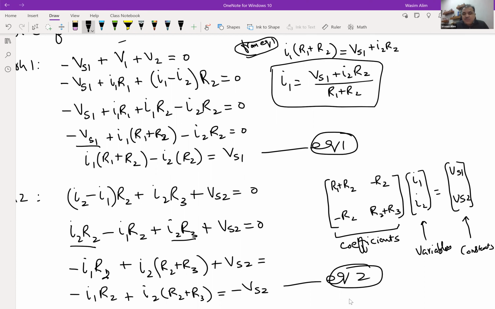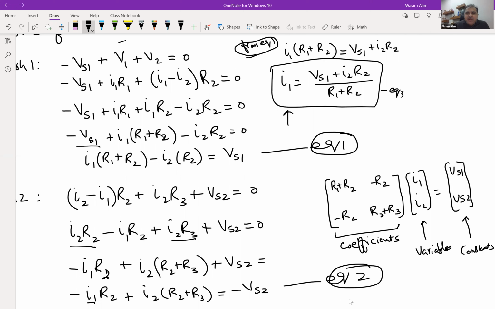And once you find I2 from equation number 2, you come back to this equation, and you can actually call this equation number 3. So you solve I2 from equation number 2 by plugging in this value of I1. So you just replace I1 here by this value and solve for I2.